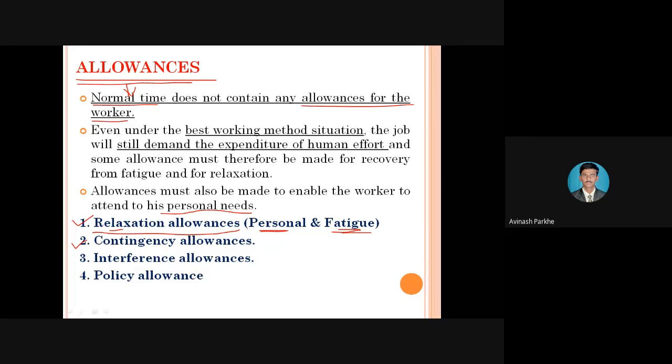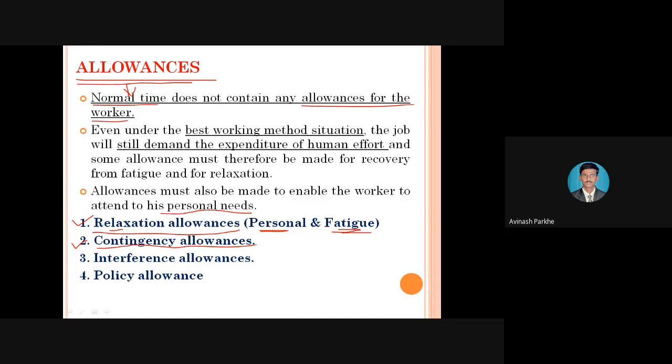Such types of time required to change the coolant, the oil, the tool, or important components will be considered under the contingency allowances. Many times in the industry, some heavy duty components or complicated jobs cause the tool or machine component to break again and again.